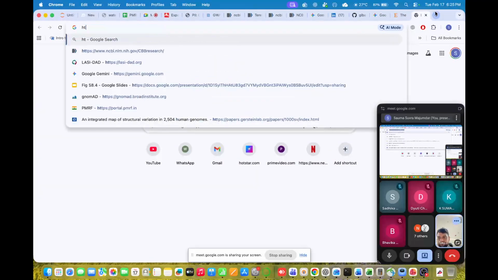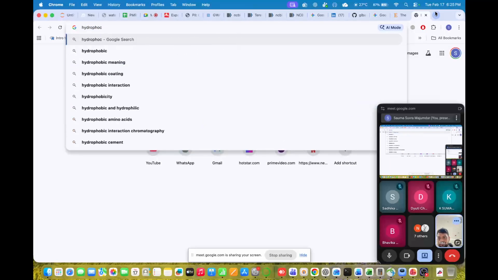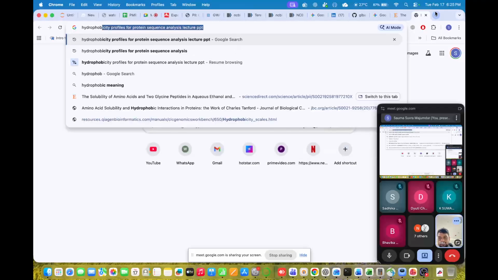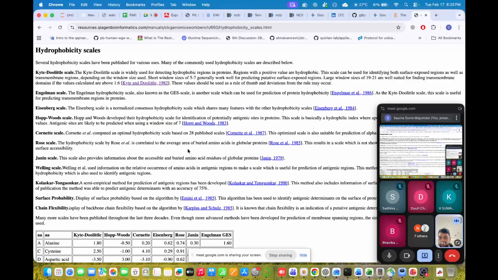Yeah, I think this one, hydrophobicity scales. Here they describe all the different scales that are possible, and they give the publications associated with them.